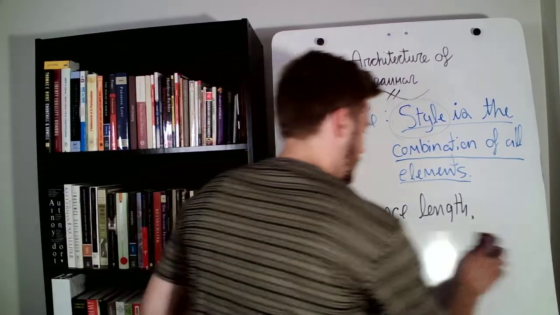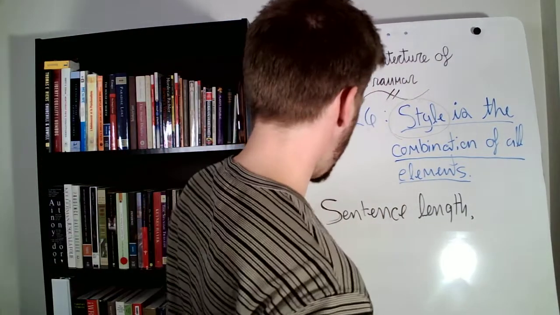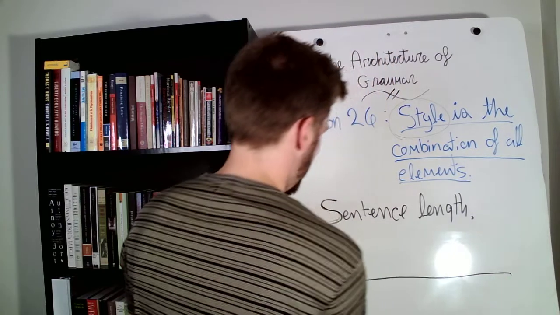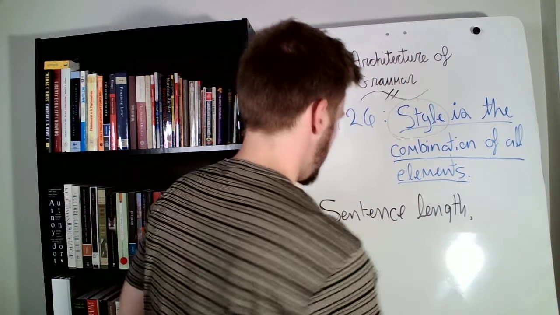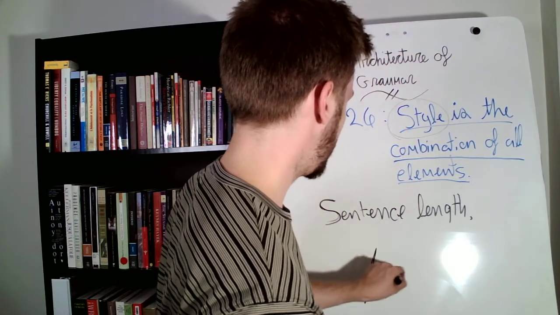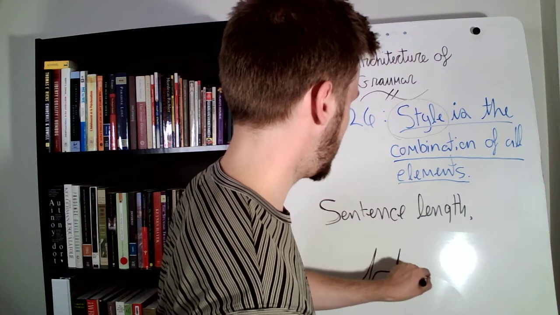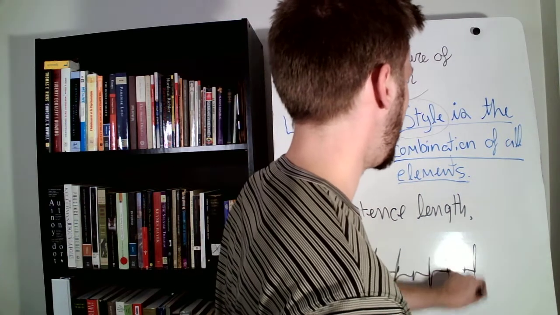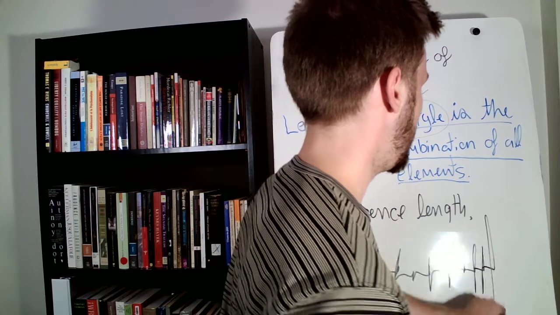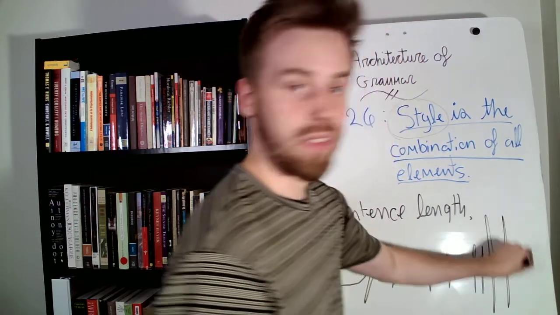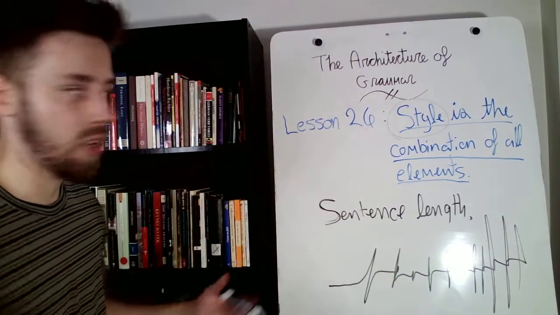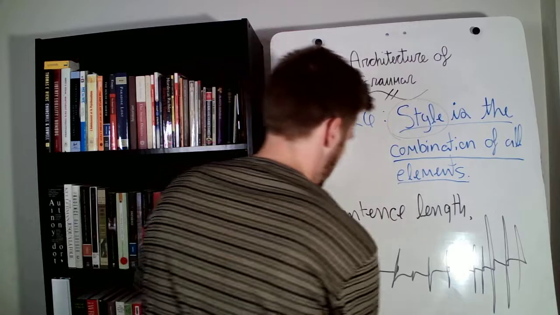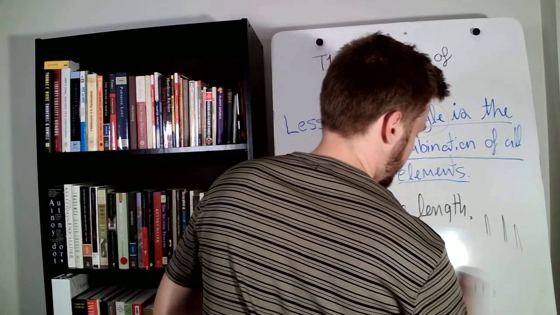It's going to sound like a straight line, whereas it should be sounding like this. This is the pulse of your writing, so you want it to change, and then sometimes, like this. So this is really what you should be aiming at when it comes to writing.